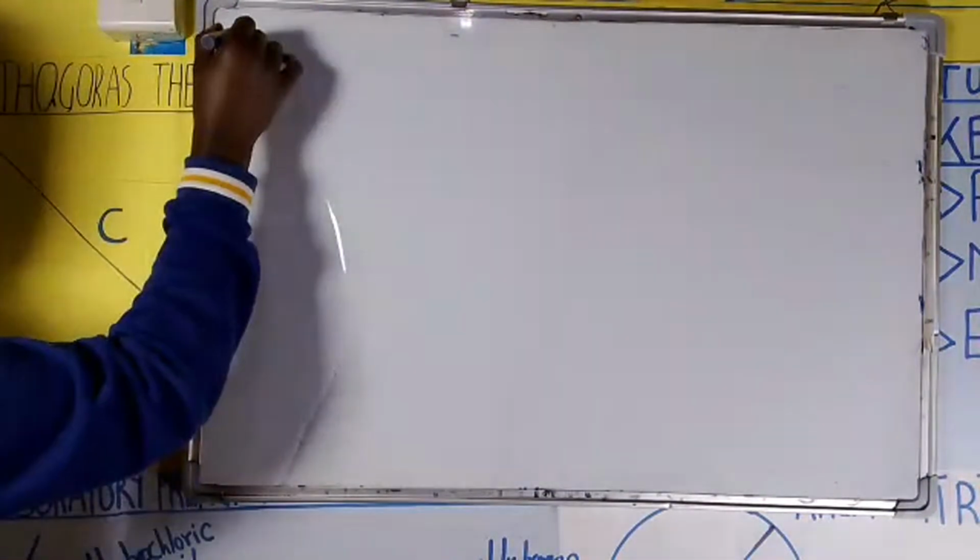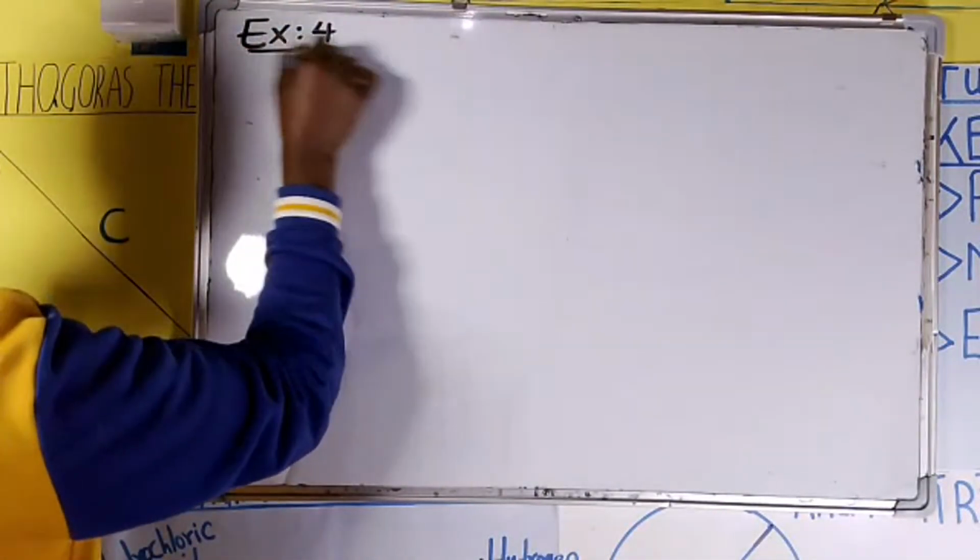Three quantities x, y, and z. I think this one is example 4.